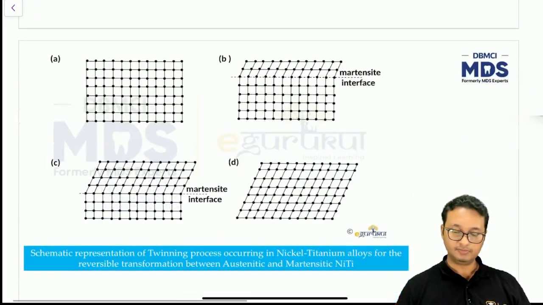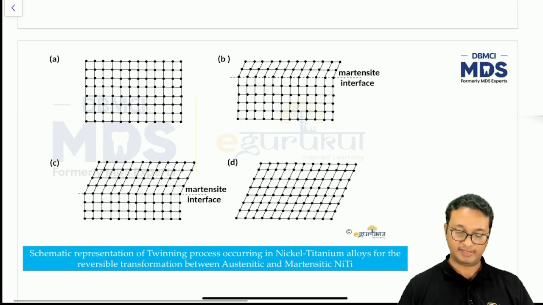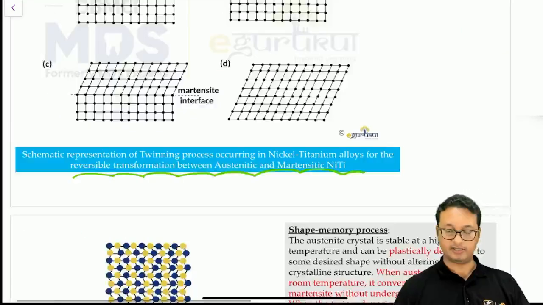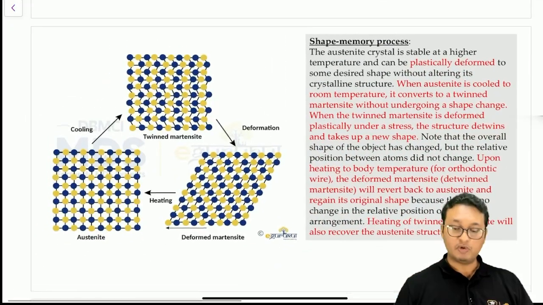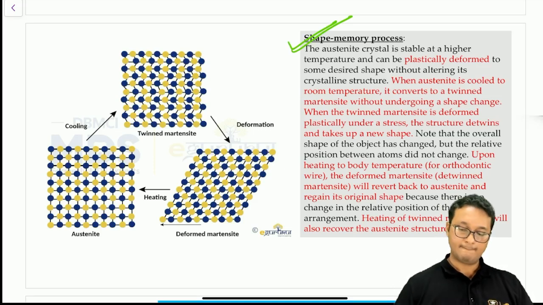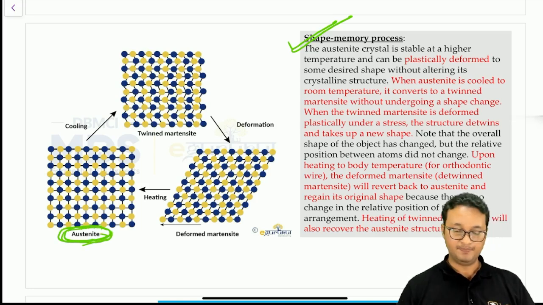This is exactly what is depicted here. There is a reversible transformation between austenitic and martensitic nitinol. And one more property very unique to nickel titanium is the shape memory process. As I said earlier, this is the austenite, which is the normally existing crystalline form of nickel titanium.